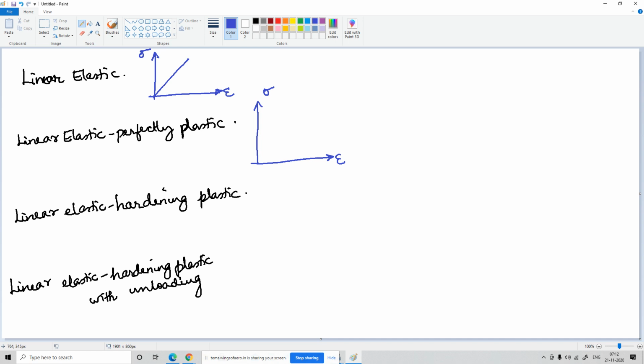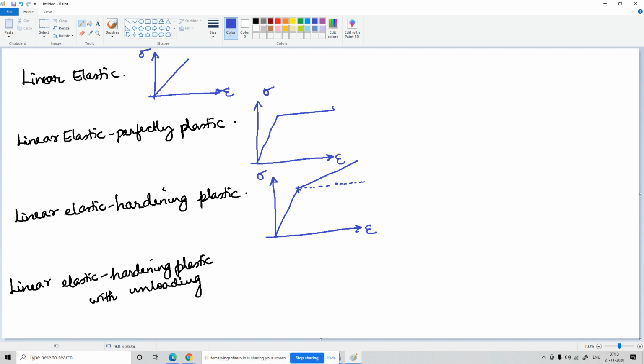You should know the graphical forms, right? Okay, when it is perfectly plastic, it will be horizontal. Now when it is a hardening plastic, it will change its nature slightly. It will increase because it's linear elastic, then from the horizon it will just have something like this. That means it is inclining upwards, it's increasing.